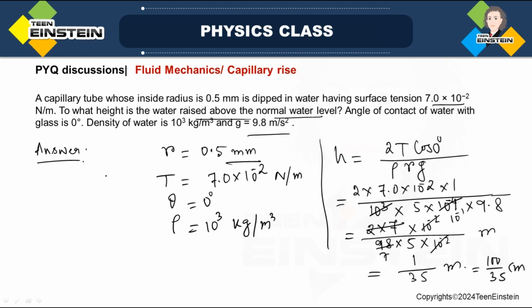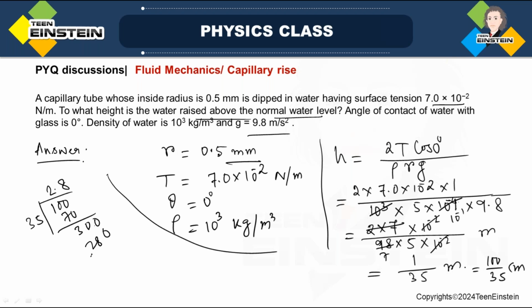So if we divide 100 by 35, what do we get? 70, then you get 8, then 20, so 200 here, so we can go with 5 here, again 25, so we can go for 7.